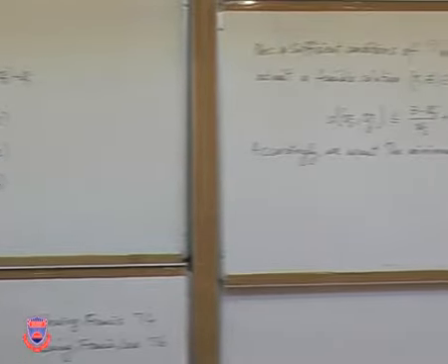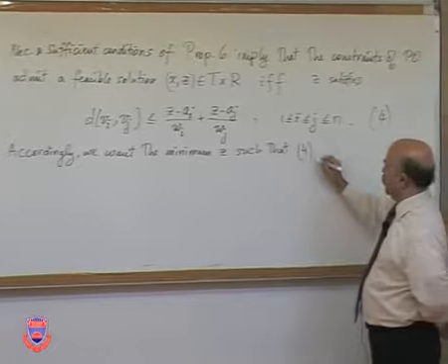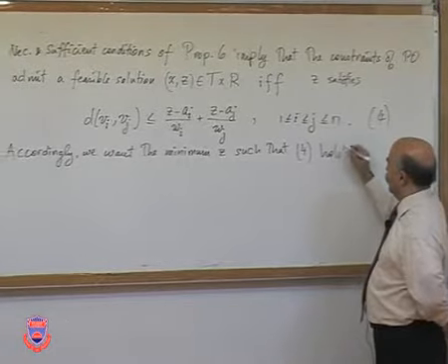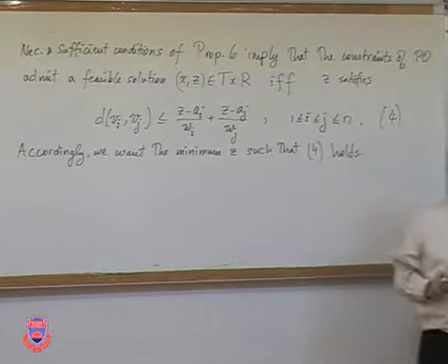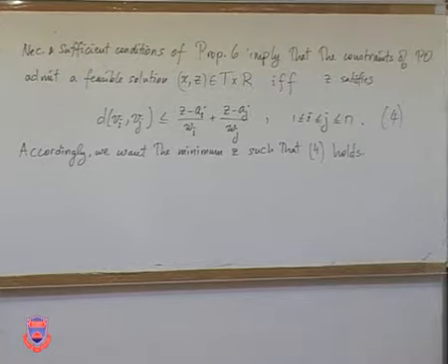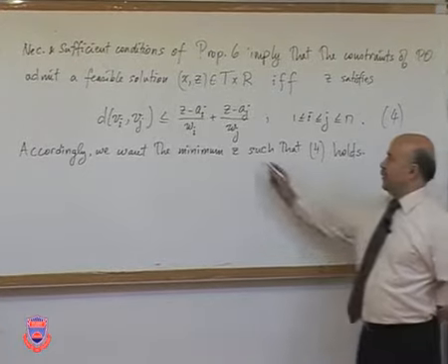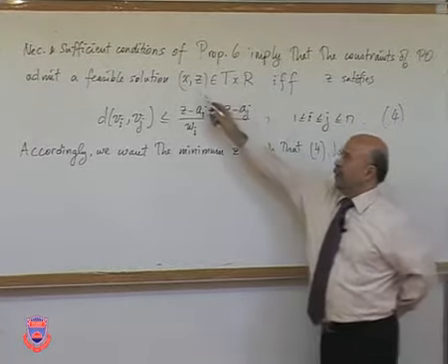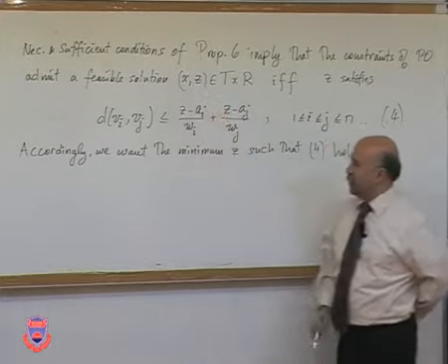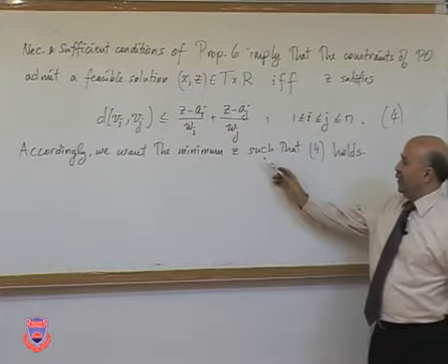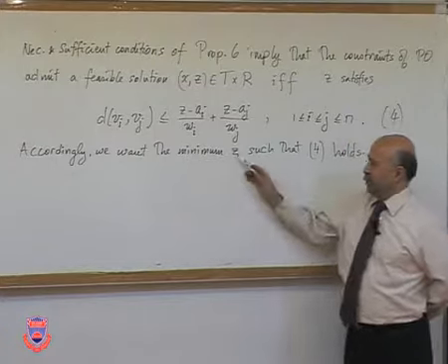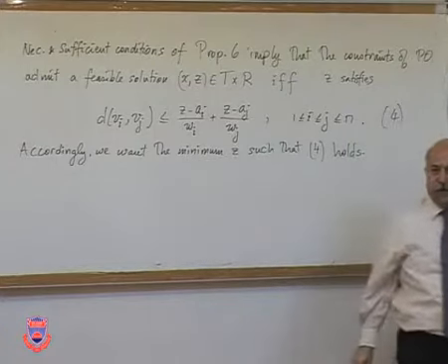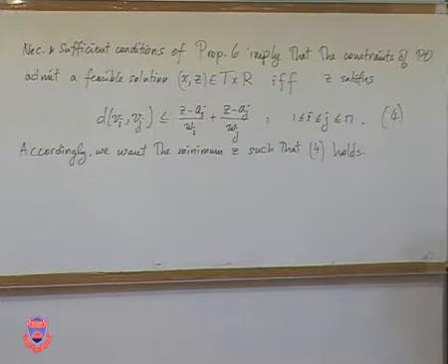Accordingly, we want the minimum z such that 4 holds. That's what we want, because if 4 holds, then I will be able to find a point x. And I'm looking for the minimum z because that's what I'm trying to do in the minimization problem P0. Okay.